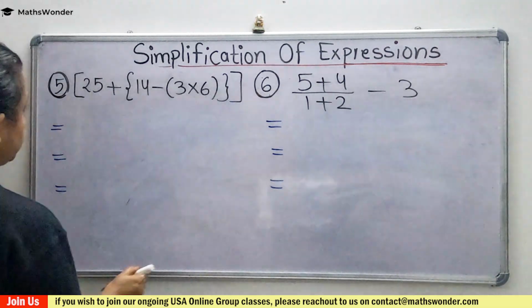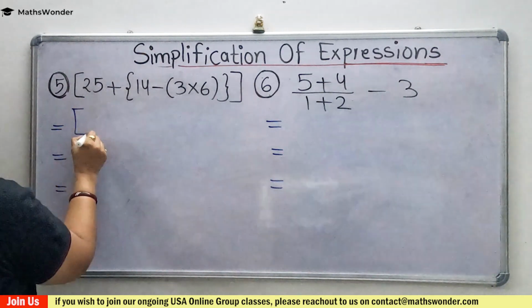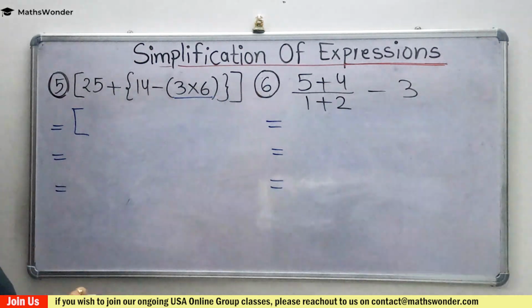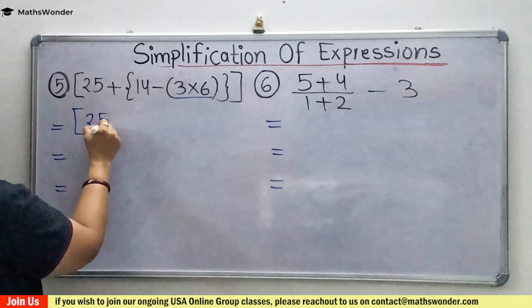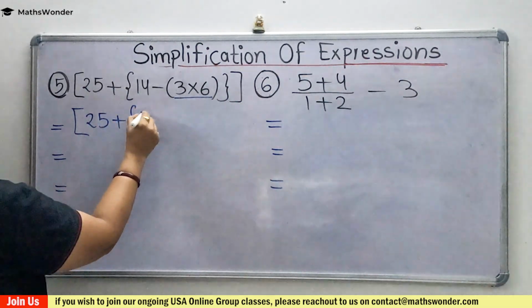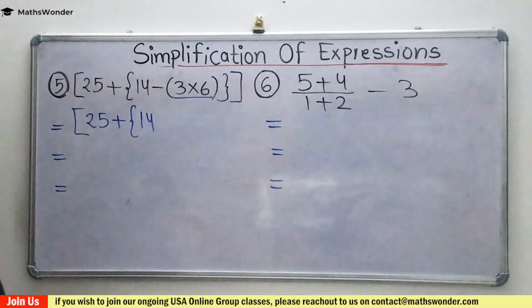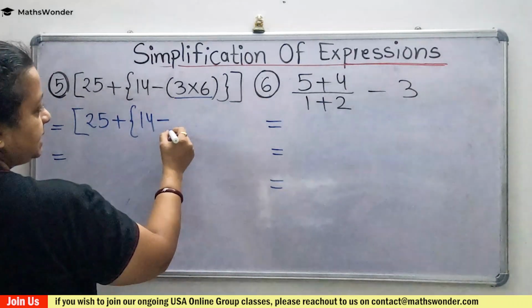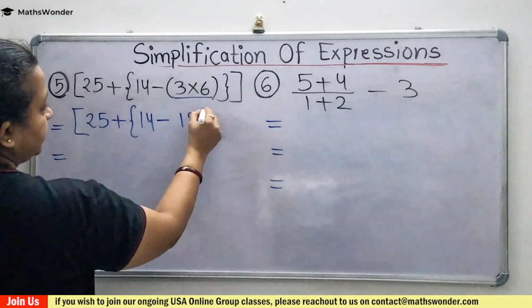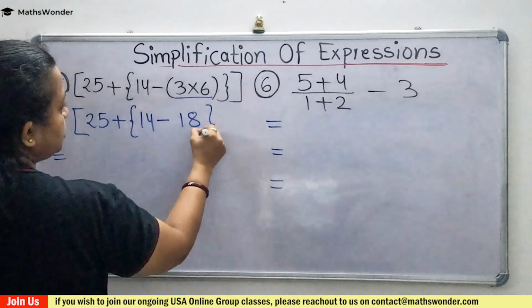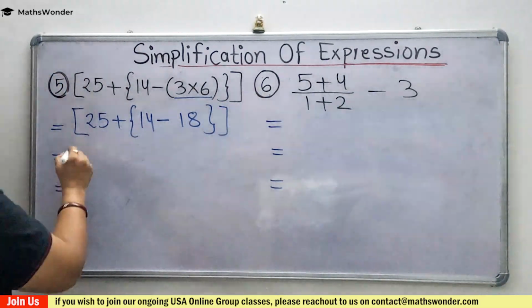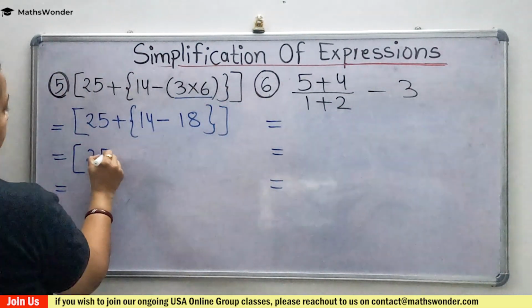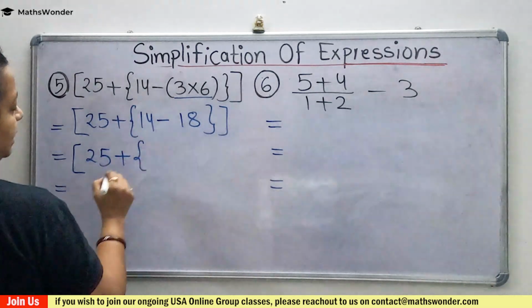Now, in the fifth question, first we will solve which parentheses? This one, right? According to our rule, 25 plus curly bracket, the remaining part you will write as it is. 3 times 6 is 18, yes? Now we'll solve the curly parentheses.